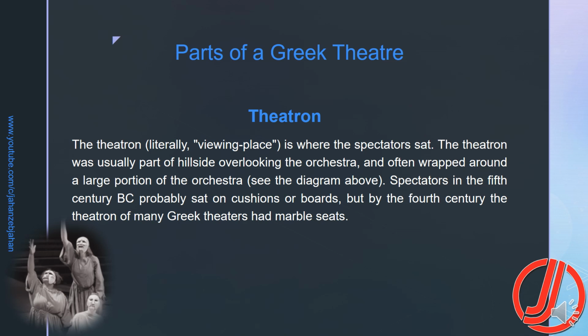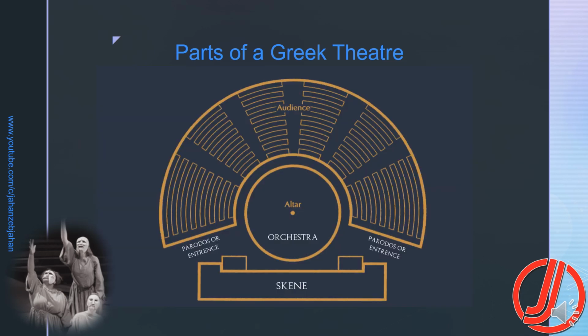This was like a hill, with seats shaped so people could sit and view everything. The spectators in the 5th century BC probably sat on cushions or boards, but by the 4th century, many Greek theatres had marble seats. So with the development of tragedy, they developed the theatre as well.